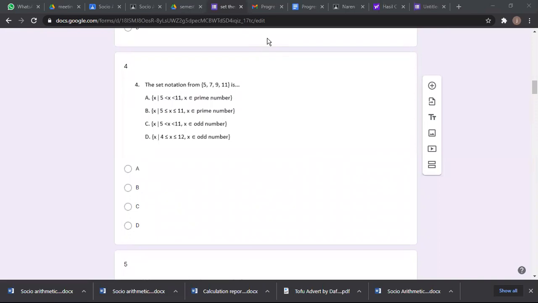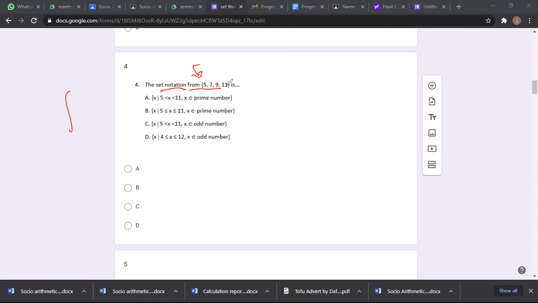Now we learn about the notation, from 5, 7, 9, and 11. Here, we can pay attention after this sign. You can look at this one and this one. Be careful: x is an element of the prime numbers. So you can check over here.